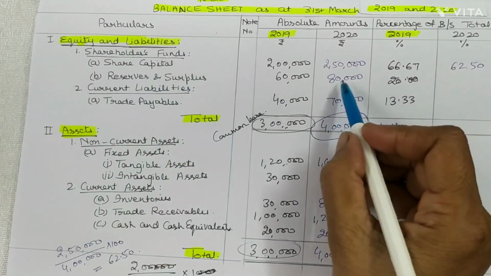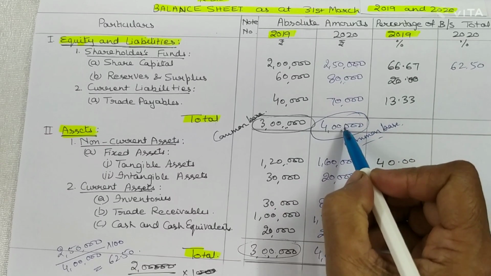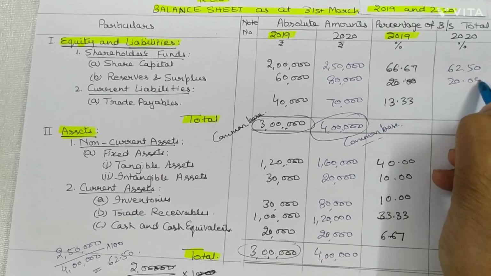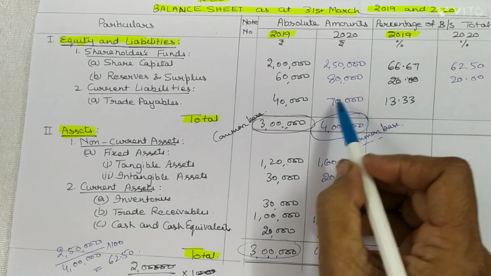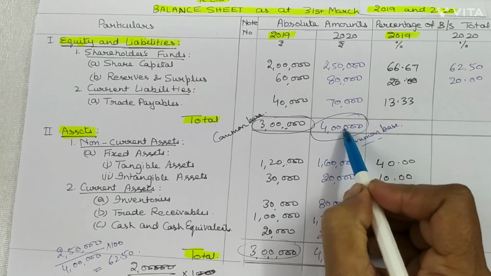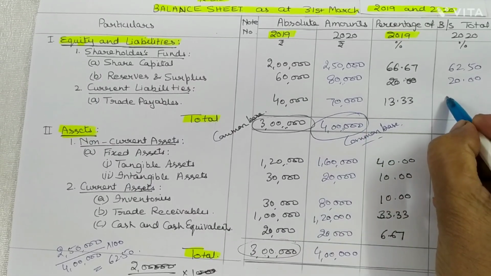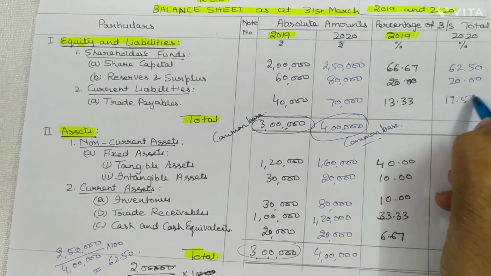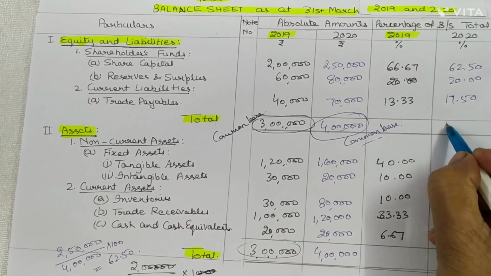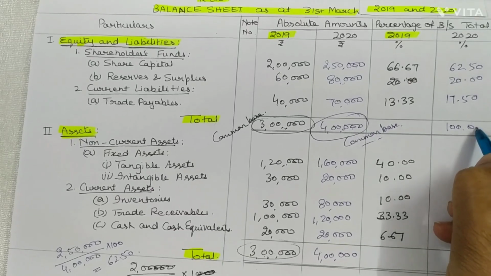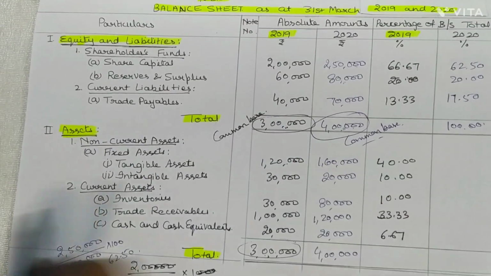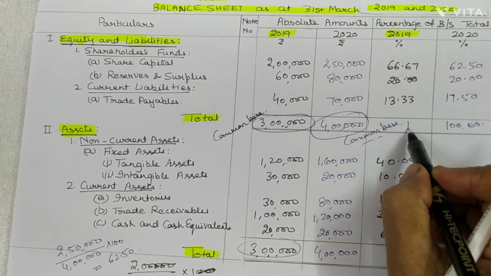Next, reserves and surpluses 80,000 divided by 4 lakh into 100 is equal to 20%. Trade payables 70,000 divided by 4 lakh into 100 is equal to 17.50. 4 lakh divided by 4 lakh is equal to 100%. In this case also, this is 3 lakh. 3 lakh divided by 3 lakh is equal to 100.